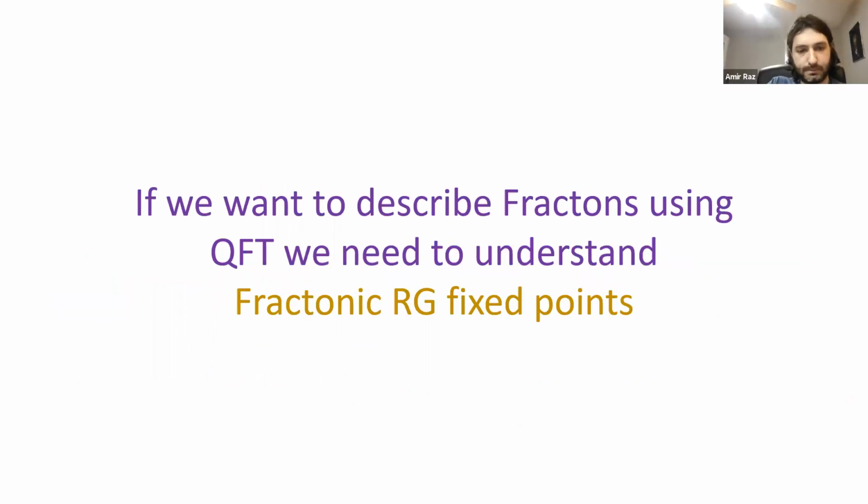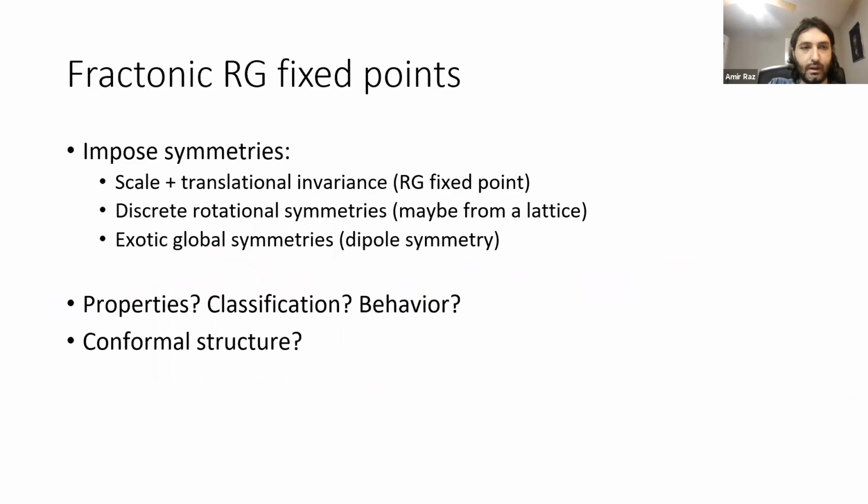Okay, so these RG fixed points, what kind of symmetries should they have, or would we want them to have? First of all, they need to be RG fixed points, so we need to have scale invariance, and we need to have translational invariance.